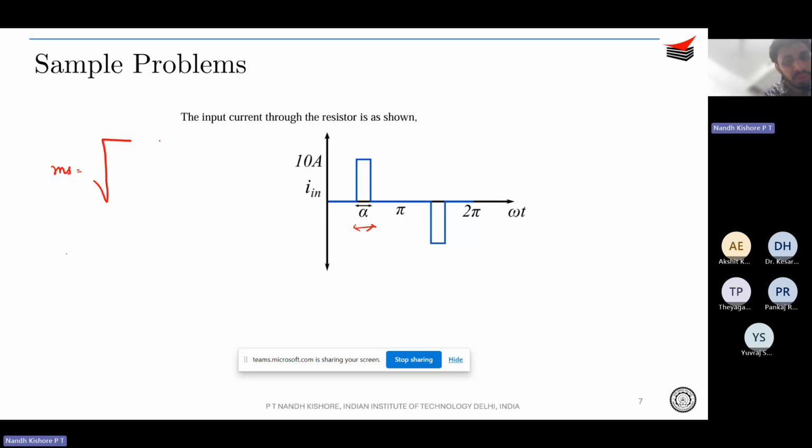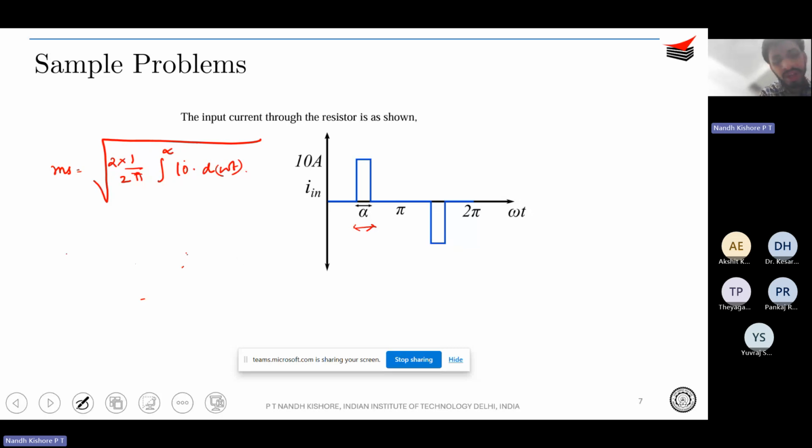RMS, you can of course find out by the definition that it is going to be 1 by 2 pi integral for a period of alpha, correct? So it is repetitive, therefore I can write 2 into integral alpha, and then it is a square waveform, therefore 10 square d omega t.